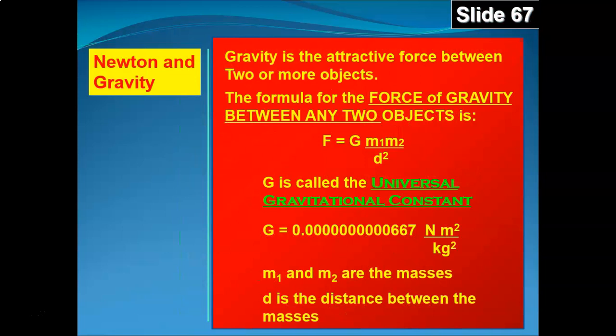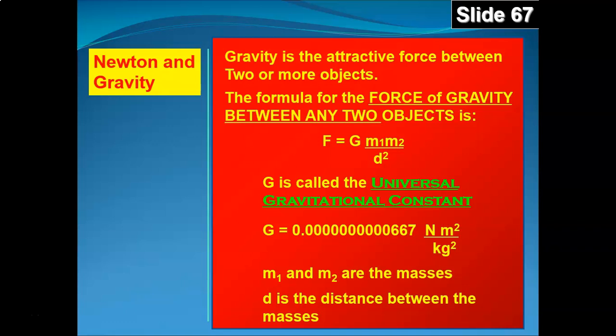Gravity is the attractive force between two or more objects. The formula for the force of gravity between any two objects is force equals G times the mass of the first object times the mass of the second object, divided by the distance between the two objects squared. So G is called the universal gravitational constant.